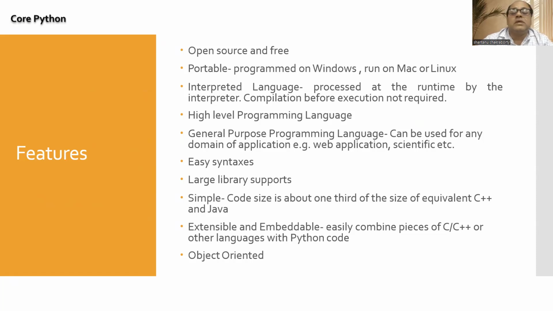It supports lots and lots of libraries, and it is easy to combine pieces of C and C++. Python is an object-oriented programming language. It's very user-friendly and it provides a lot of operators and data types that help the user to write, decode and run the program very easily.